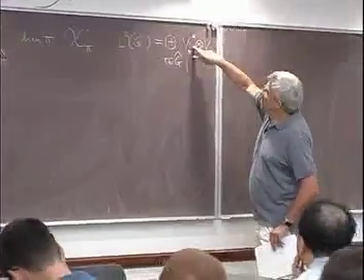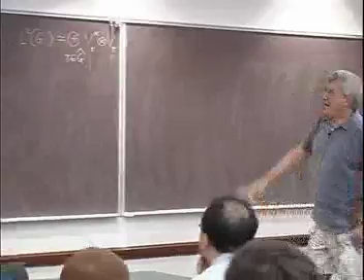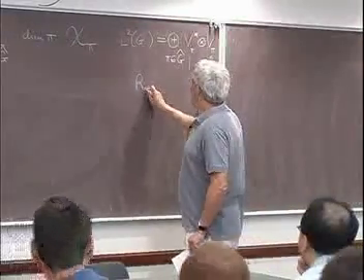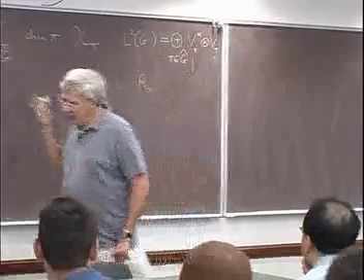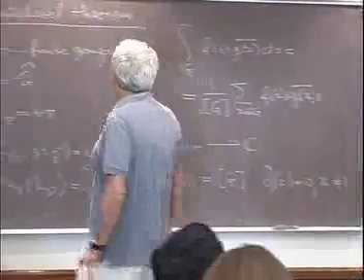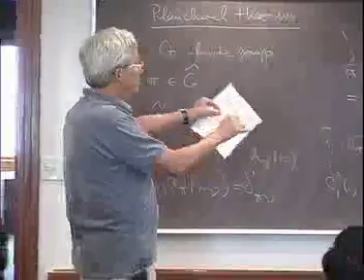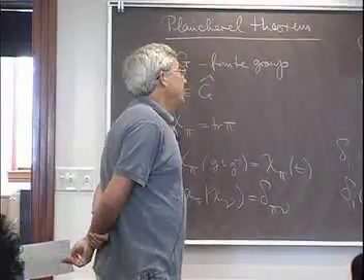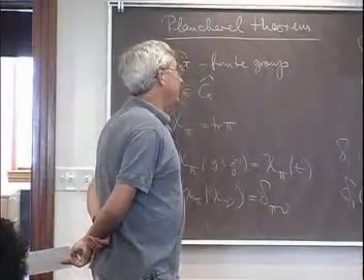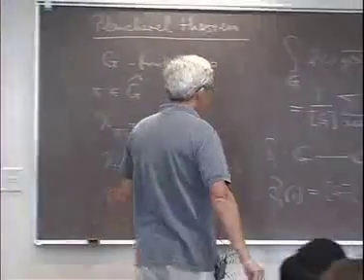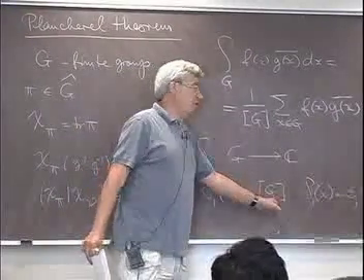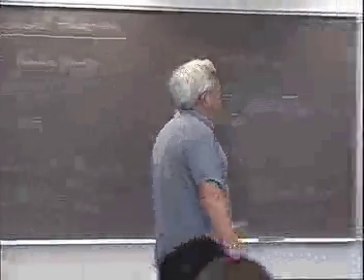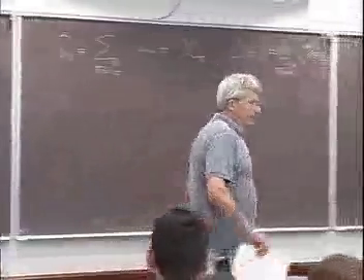The dimension of this space is the dimension of pi, and I can calculate the trace of R of x. Because x on the functions on a finite group acts just by permutations, my character is 0 on all the elements except the identity element, where I just get the cardinality of the group, the dimension of the space of the regular representation. So this is just the equality of characters.